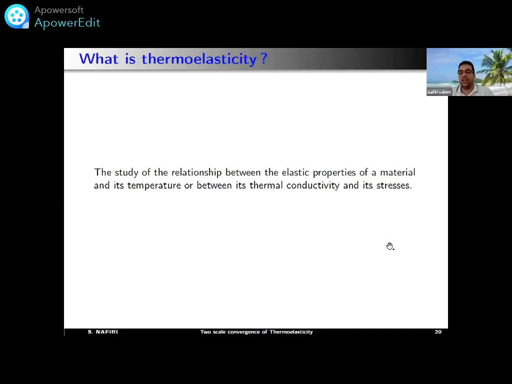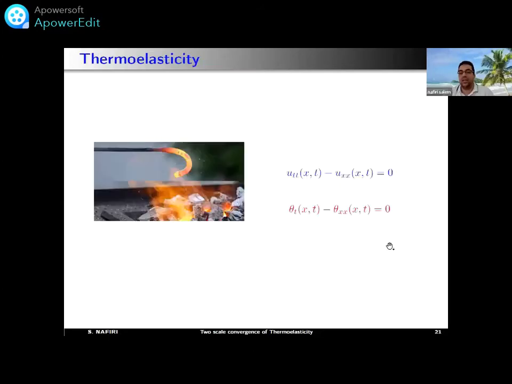As an example, consider a rod that we heat with a source of temperature, and when we heat it, we observe some deformation. These deformations are modeled by a wave equation, and since we have used heat to get this deformation, we also have a heat equation. So there is somehow a duality between the wave equation and the heat equation. This is what we call thermoelasticity.